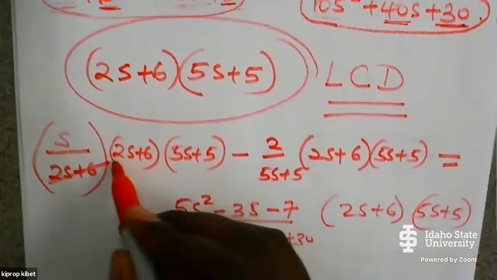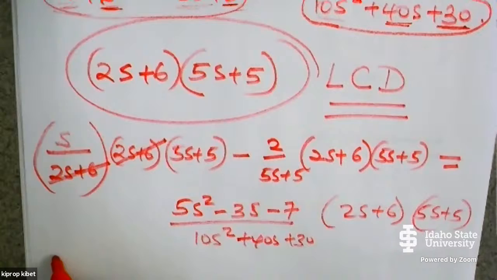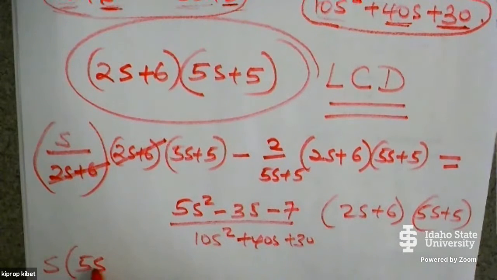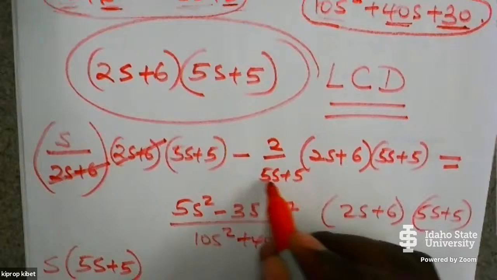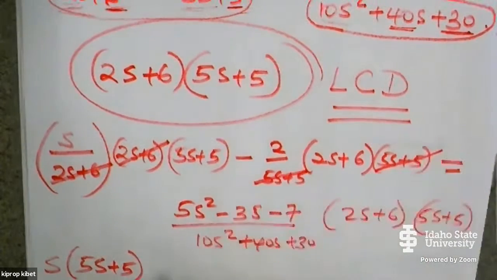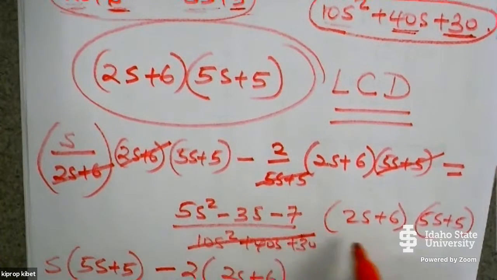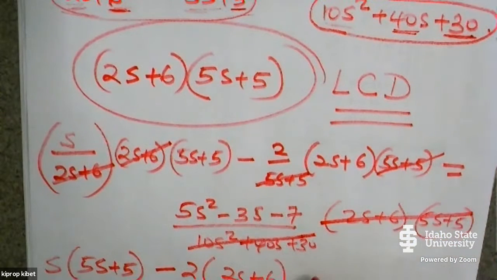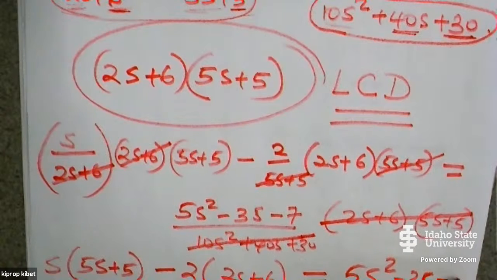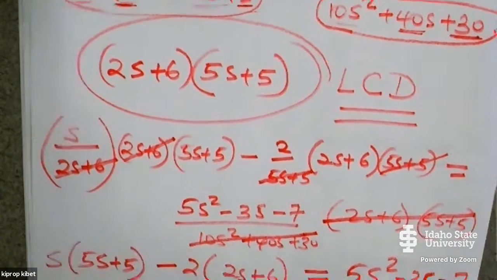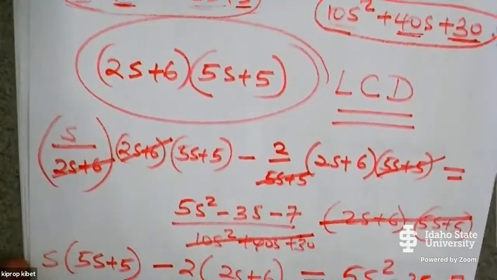And then now you simplify. So these 2s will cancel with that. You remain with s times 5s plus 5. This 5s plus 5 and that will cancel. You remain with minus 2s plus 6. This will cancel with the whole of that, and then you remain with 5s squared minus 3s minus 7.